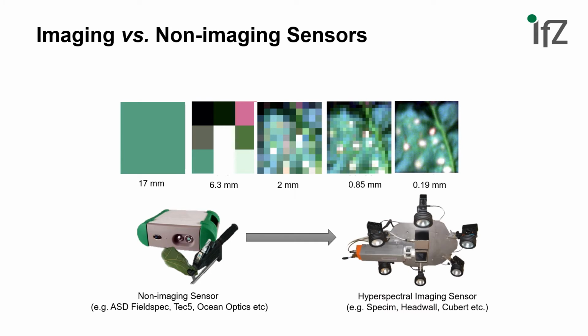Why are imaging sensors preferable compared to non-imaging sensors if we aim to assess very small and tiny symptoms of plant diseases? So using the spatial resolution of a sensor, we are able to differentiate healthy tissue from diseased tissue. This will not be possible if you only use non-imaging sensors, where you have the mixed information of healthy parts of your plant and diseased parts of the plants.